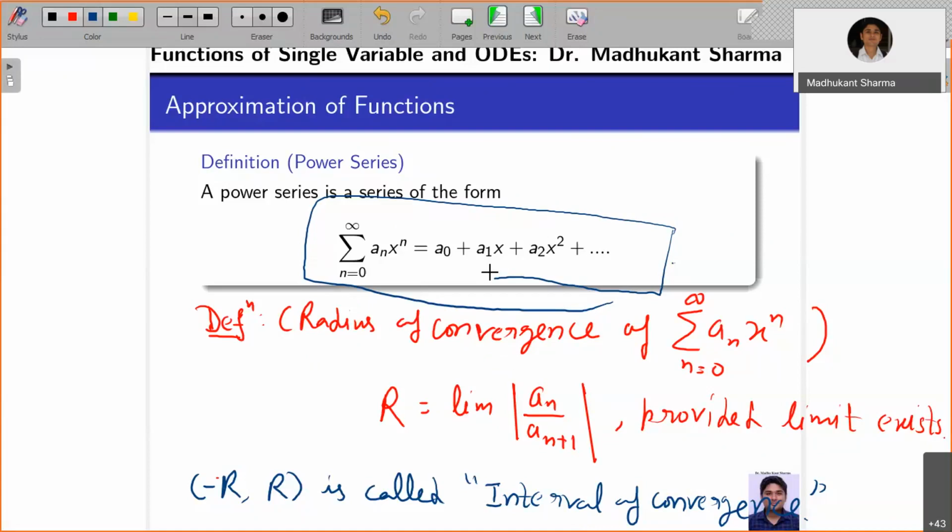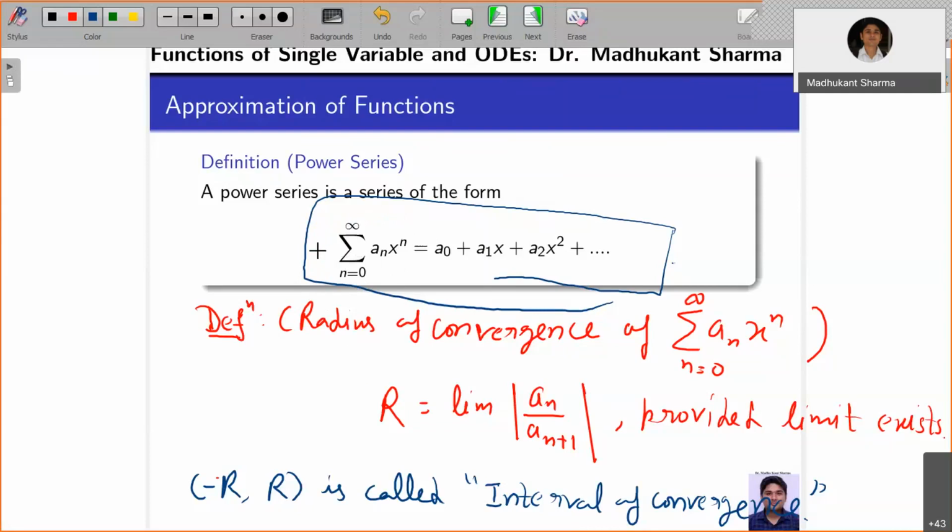Now for the same, we are going to define an interval of convergence. It means if it converges, where will it converge? For what values of x will this converge? Convergence means this infinite sum will give you some finite value.